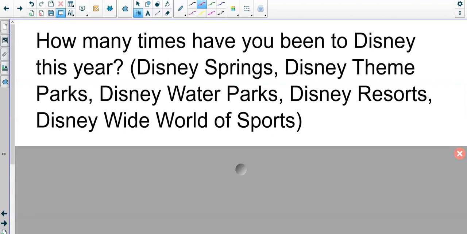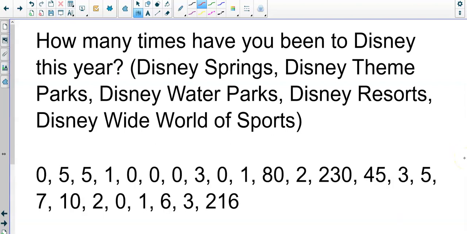So here's the data I found in no particular order. Again, there are 24 pieces here. Out of the 24 people, and myself is included in this data, some people said 0, some said 5, one person said 1. There were some 3s in there.